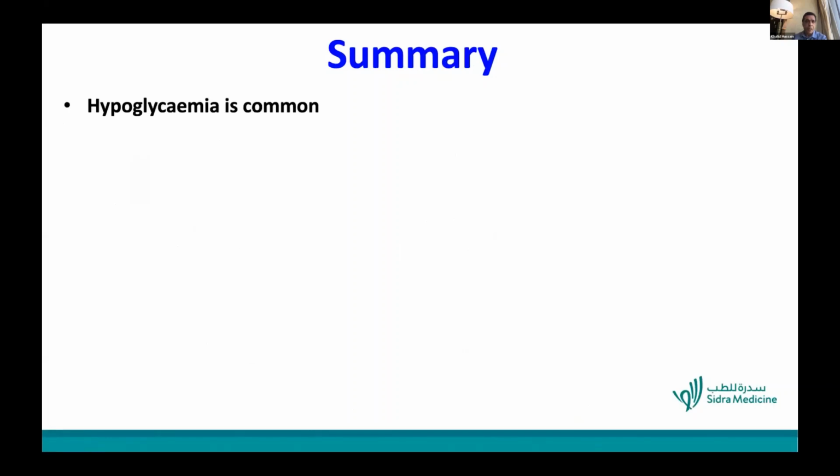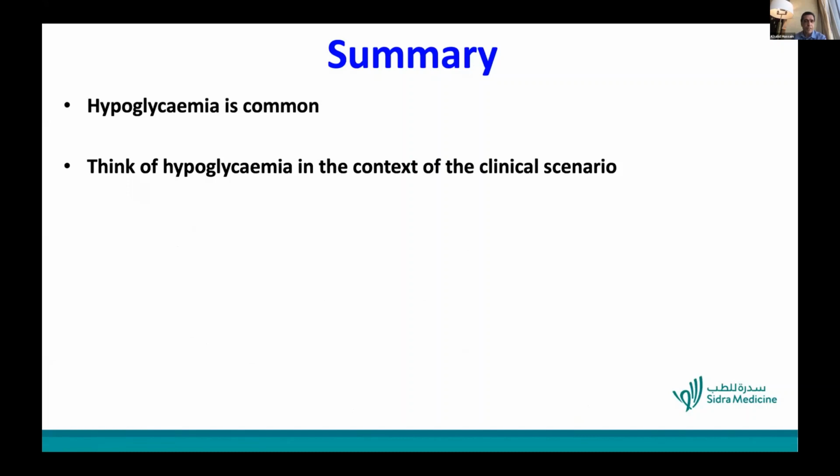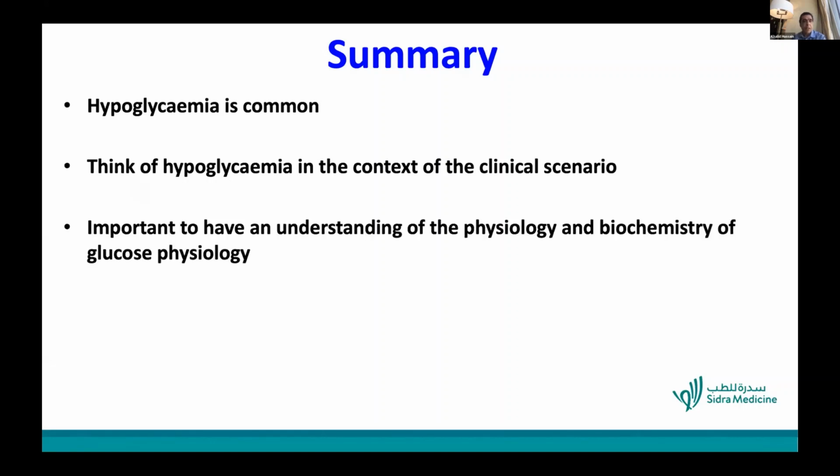So I just want to summarize. I hope I've shown you in a very short talk that hypoglycemia is common, especially in the newborn period. Think of hypoglycemia in the context of the clinical scenario. We no longer define hypoglycemia by number. Hypoglycemia is defined by the clinical scenario and the biochemical findings. Please think about the underlying mechanism. Like I said, hypoglycemia is not a diagnosis, it's a biochemical abnormality.